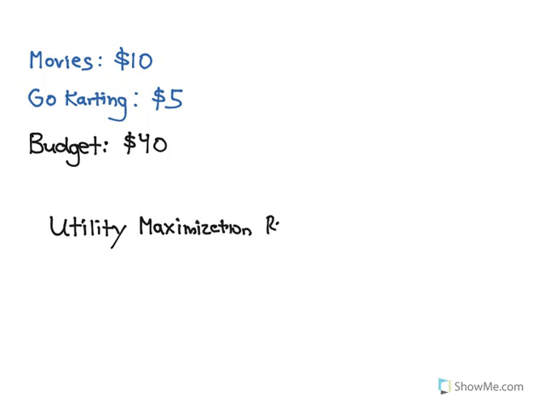Basically this rule tells us how to determine how much of two different activities we should do to maximize our total utility. The rule is that the marginal utility of the first thing we're doing, X, divided by its price, should be equal to the marginal utility of the second thing we're doing divided by its price.